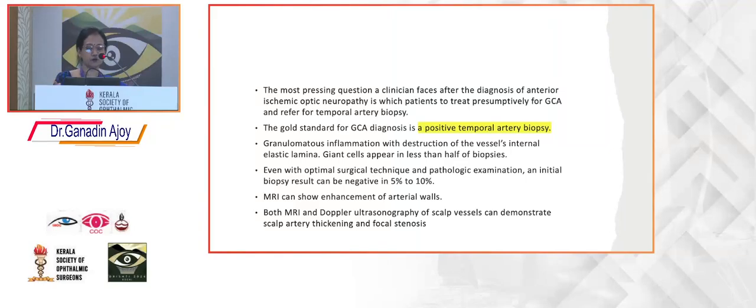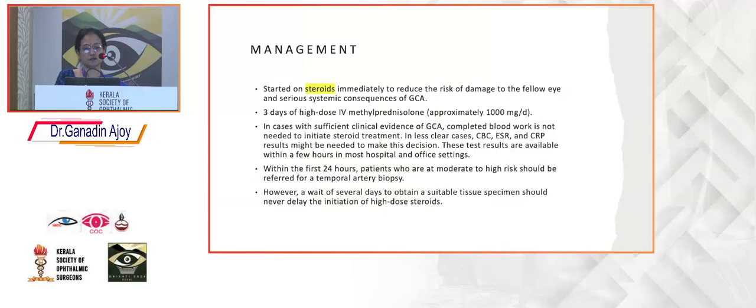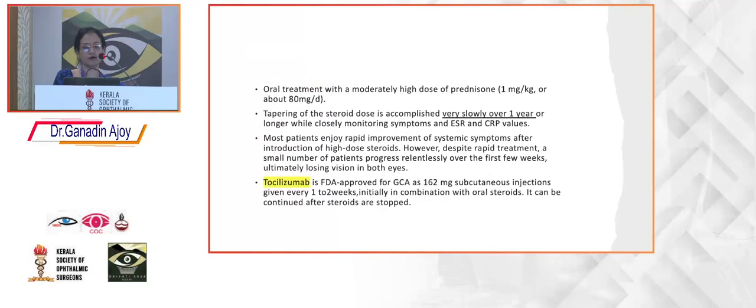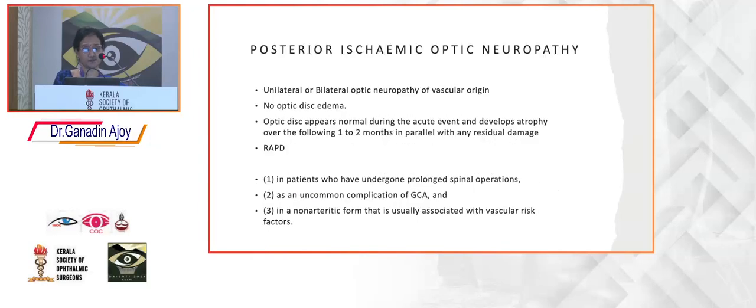MRI and Doppler ultrasound help us, but they are not definitive. Management is steroids: 3 days of high-dose IV methylprednisolone, then continue oral treatment, tapering slowly over 1 year. And now we have tocilizumab, which is FDA approved for GCA.